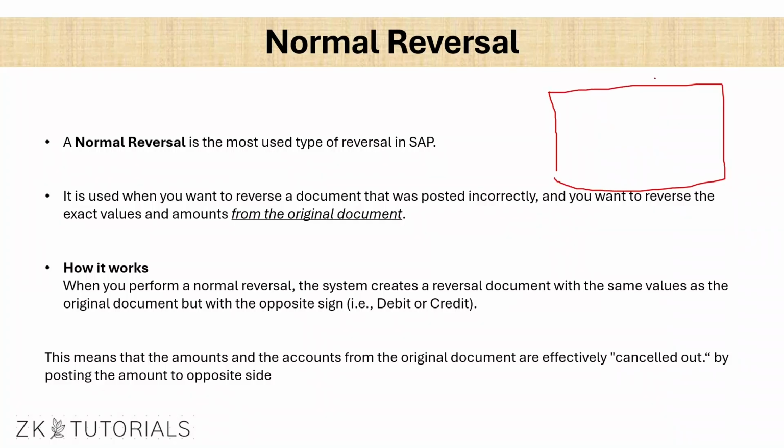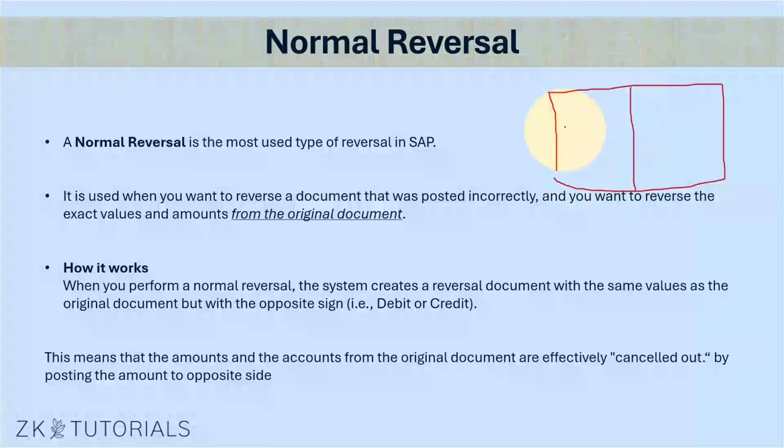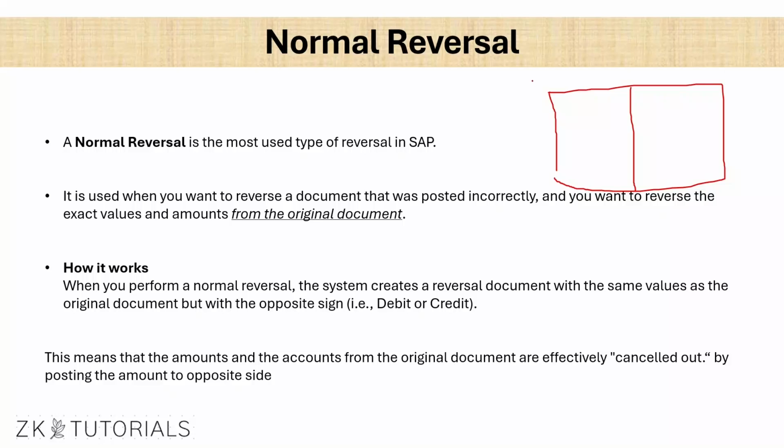Every account has two sides. You can see on the right of the screen I am drawing an account, and I am trying to explain how normal reversal is working. So this is an account. This side will be the debit and this side will be the credit.